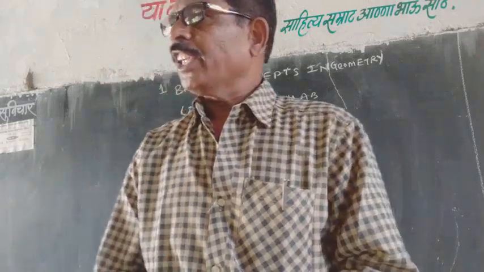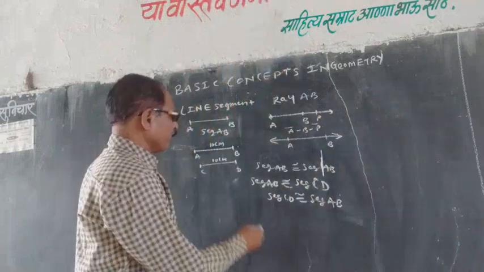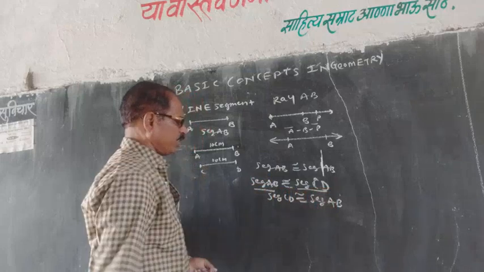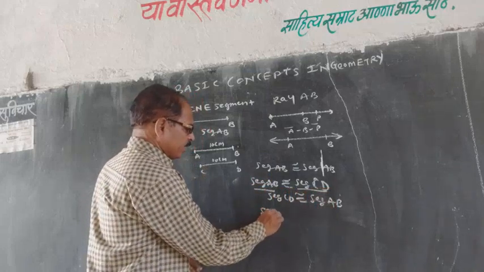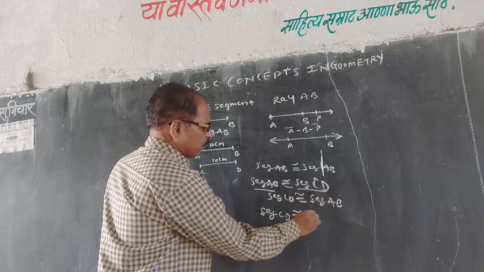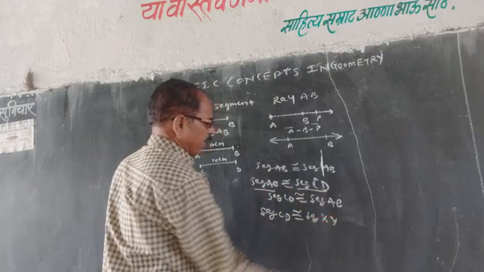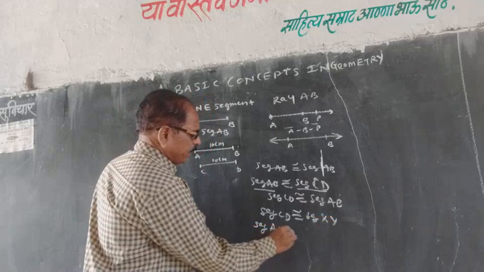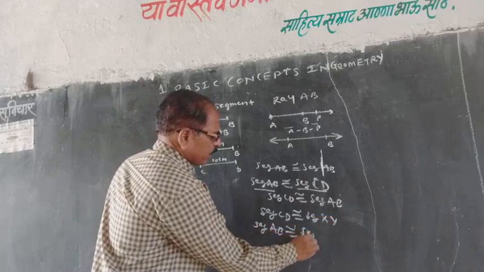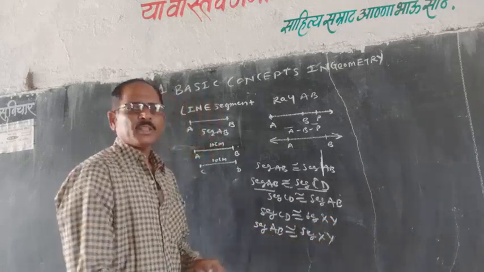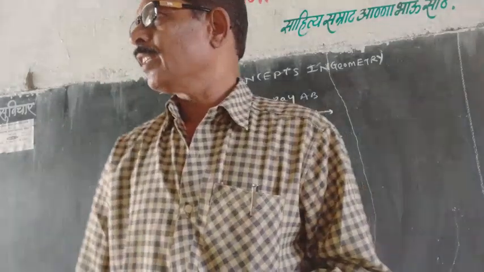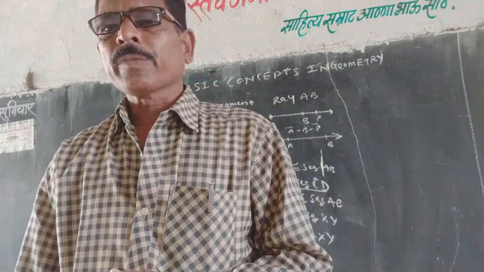And transitivity. If segment AB congruent to segment CD and segment CD congruent to segment XY, then segment AB congruent to segment XY is the third property, which is known as transitivity.